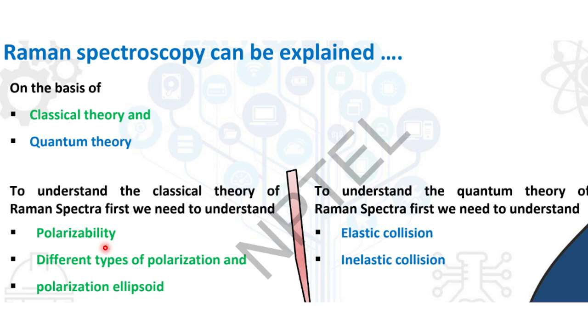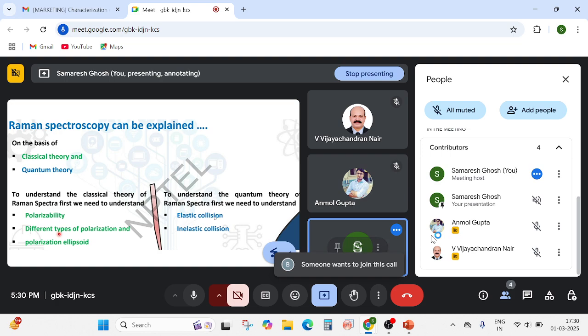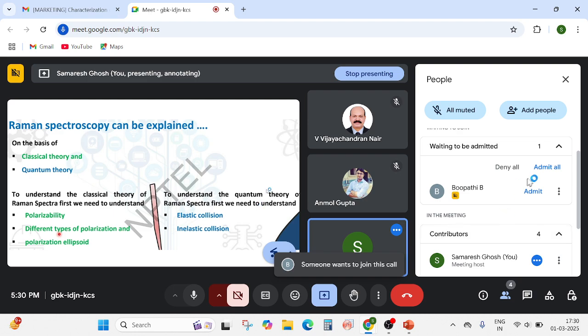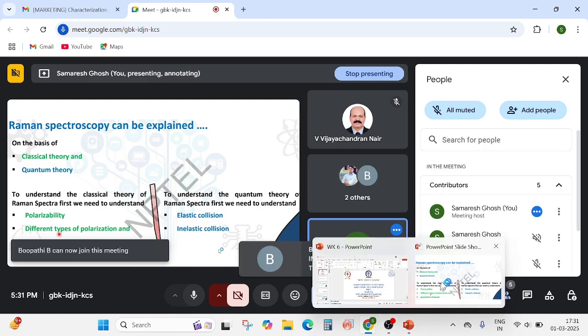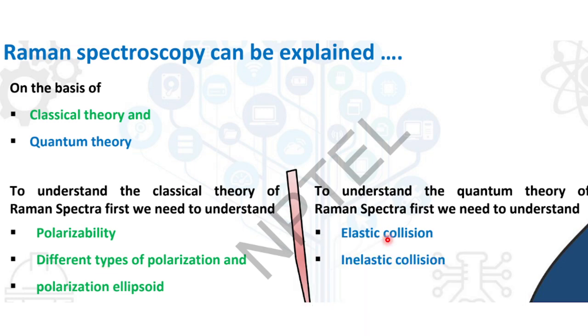We'll discuss polarizability, then different types of polarization and polarization ellipsoid. And to know the quantum theory, from the quantum theory, we can also explain thermal spectroscopy. For that, we need to know the elastic collision and inelastic collision.